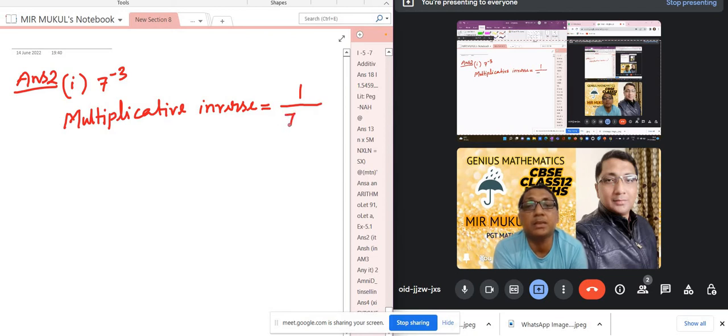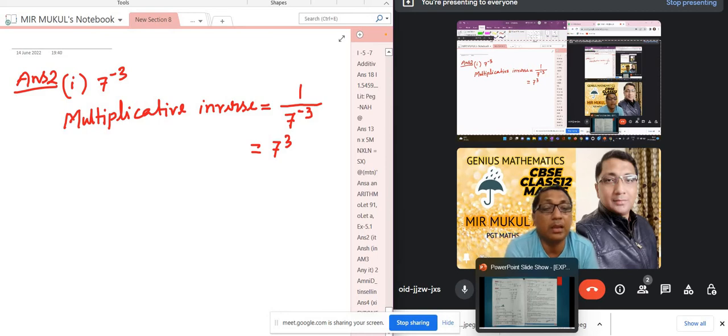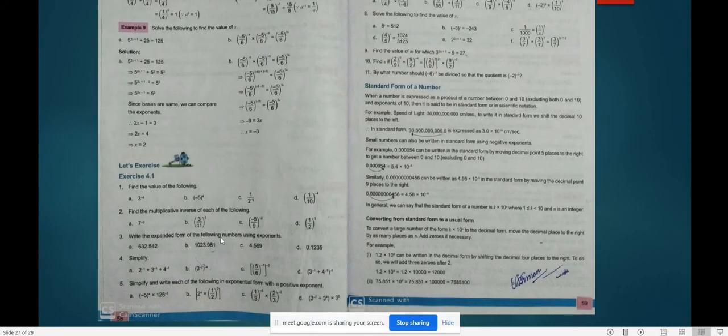Multiplicative inverse means reciprocal of the given number. Now remove the negative from the power, then take its reciprocal. So 7 to the power 3. Now 7 into 7 into 7. You can multiply or leave it like that. Here they are not saying in which form you will write, so leave it like that.